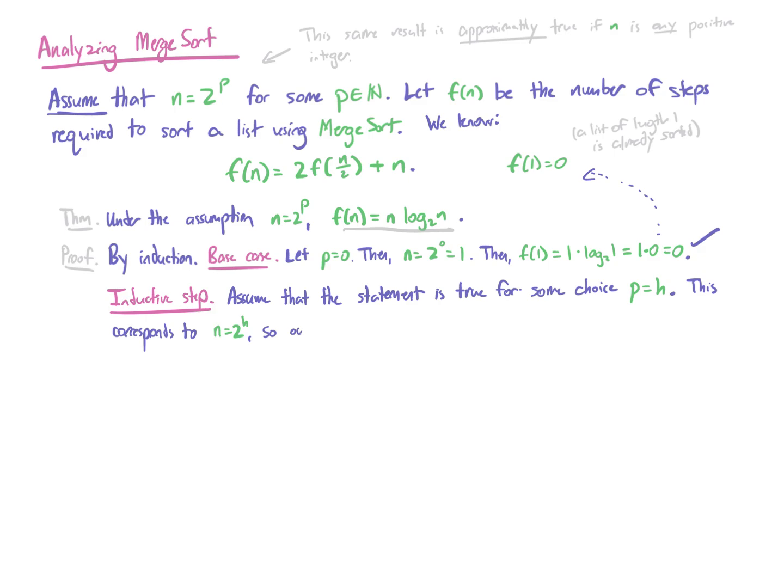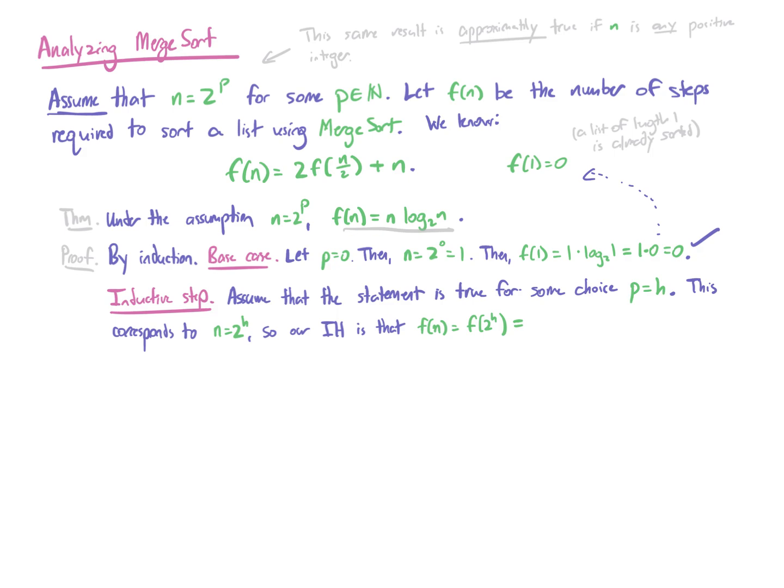So our inductive hypothesis, the thing that we've assumed, is that f of n, which is equal to f of 2 raised to the power h, that's our value of n that we're working with right now, is equal to, okay, I plug in 2 raised to the power h everywhere I see an n up here.